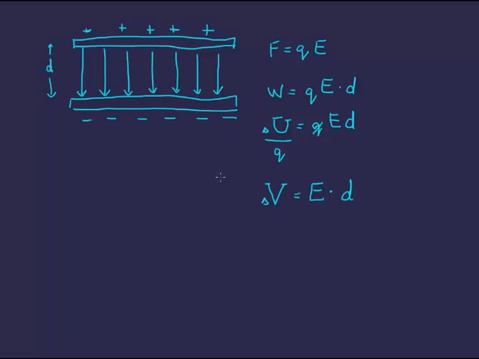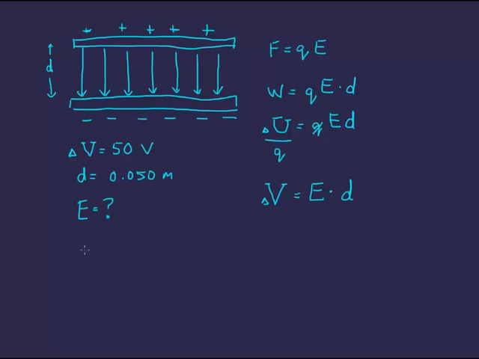So let's do a quick example problem so you can see what I'm talking about. Assume that these plates are charged up to a potential difference of 50 volts. Maybe we connected a 50 volt power supply to it. And the separation between these plates is 0.050 meters. What we need to figure out is the magnitude of the electric field between them.